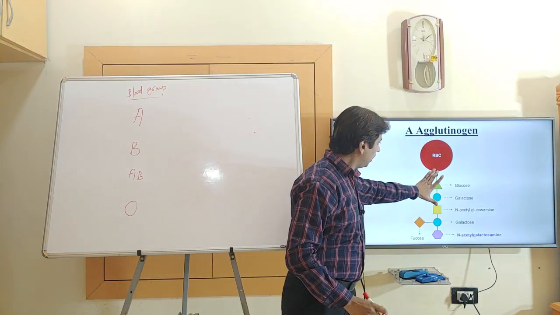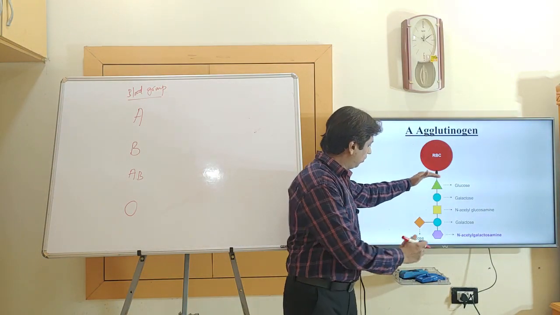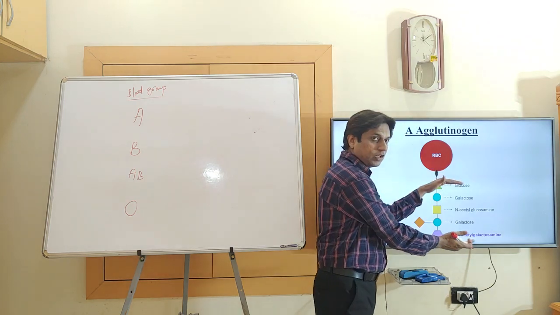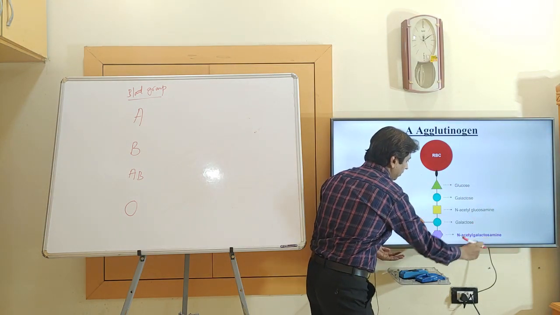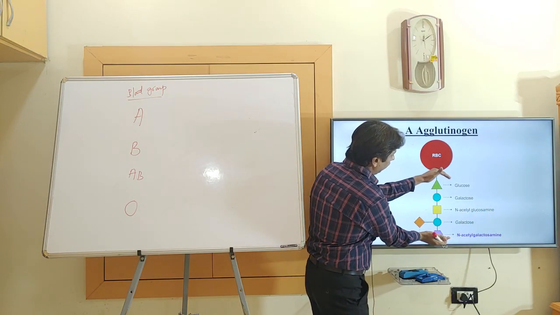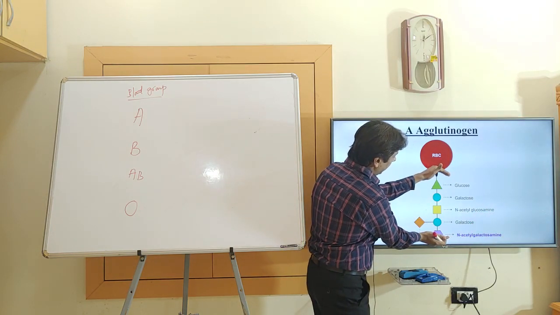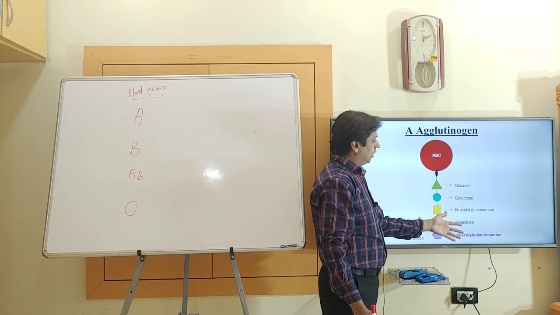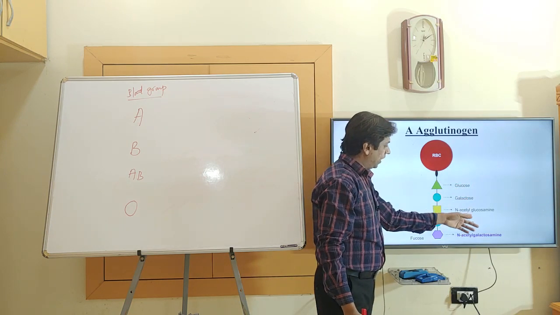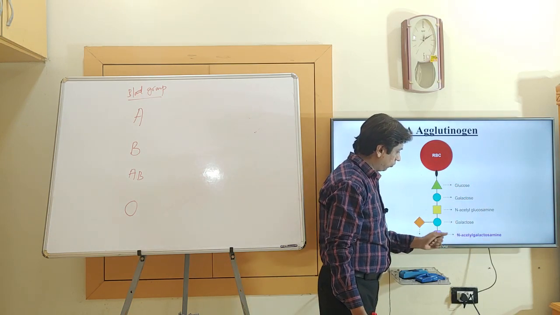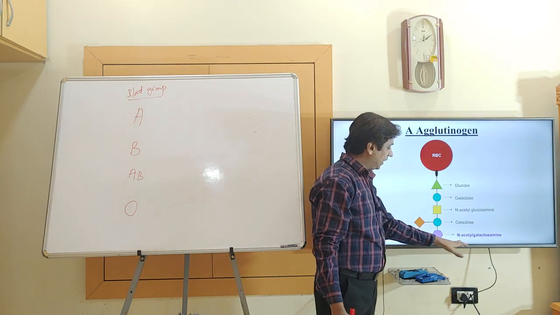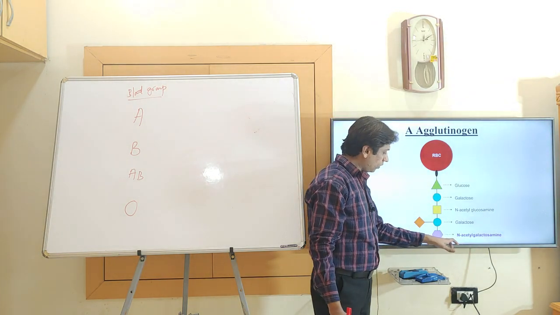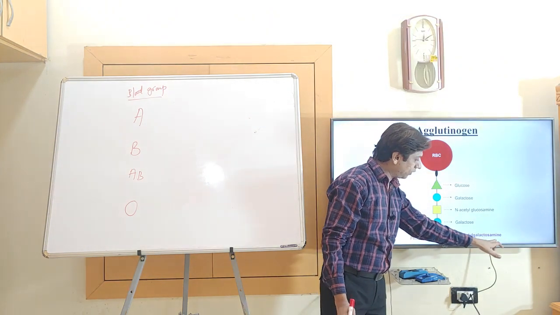This is an RBC and this part is the A antigen. If you can see in this display, this part is the chemical structure of the A antigen. Basically it's an oligosaccharide and it has glucose, galactose, N-acetyl glucosamine, galactose, then fucose. The most important thing is that at the terminal sugar level there is N-acetyl galactosamine.